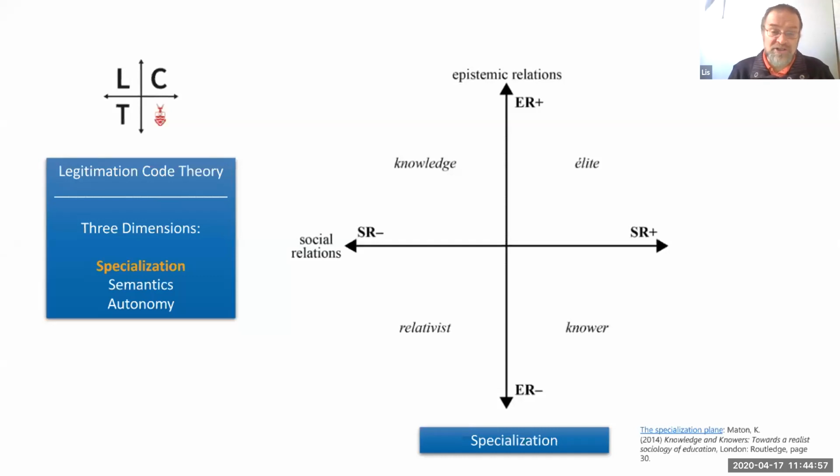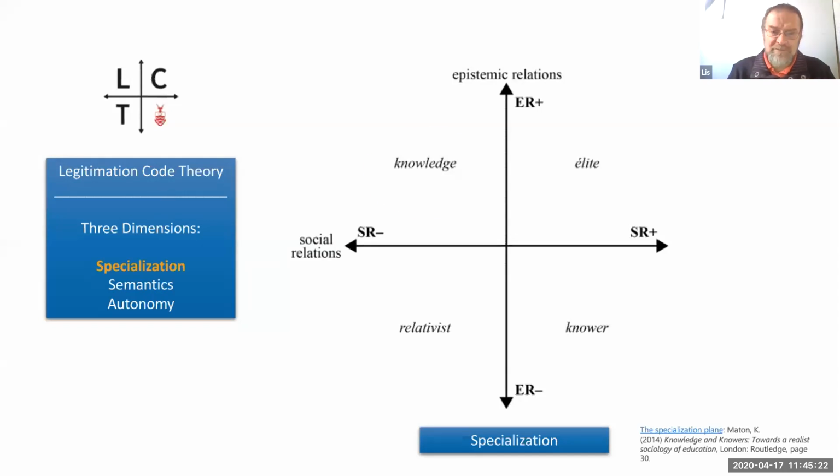And social relations, which is all to do with the knower, which ranges on the horizontal axis of this Cartesian plane from weak, it doesn't matter who you are, you can have an opinion, to very strong, where who the knower is is vital in terms of legitimating the knowledge that they present.